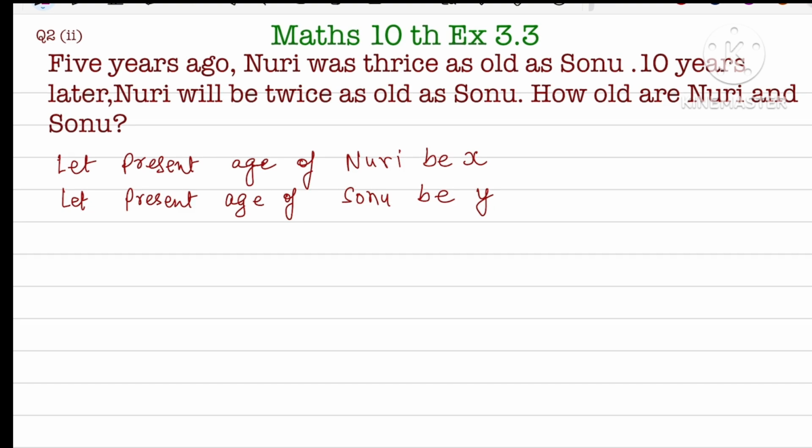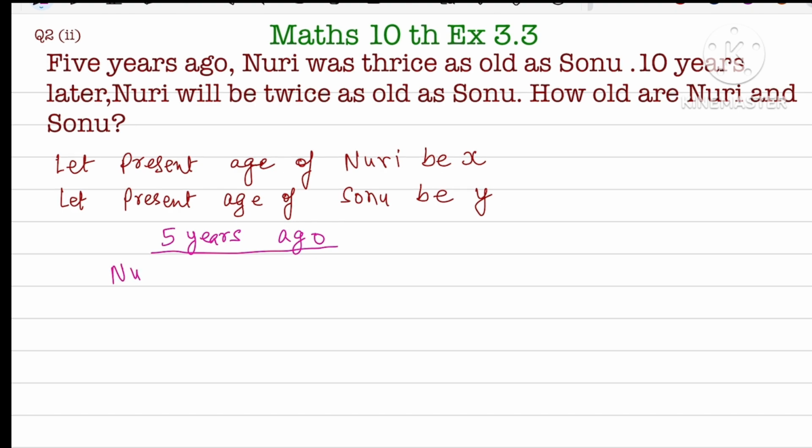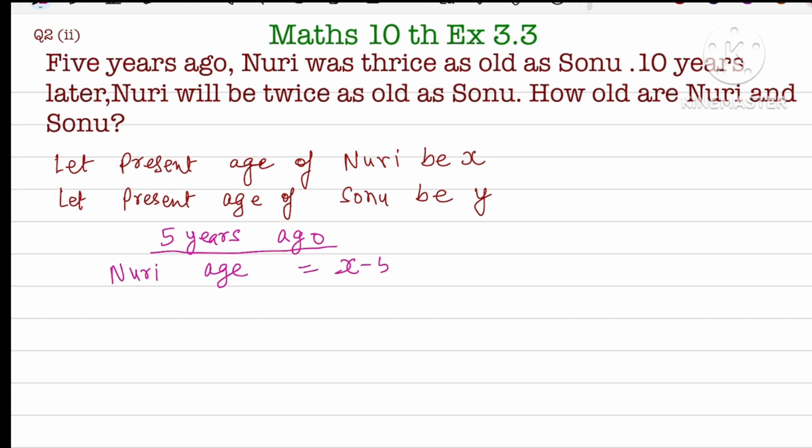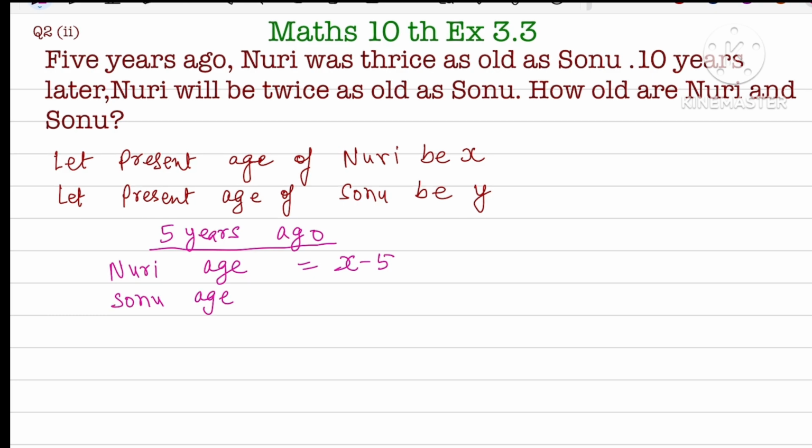Now 5 years ago, their ages would be: age of Nuri would be X minus 5, and age of Sonu would be Y minus 5.